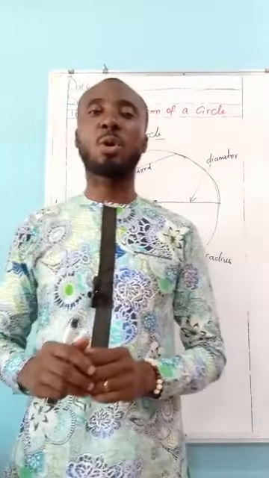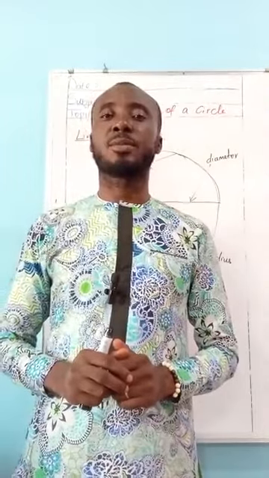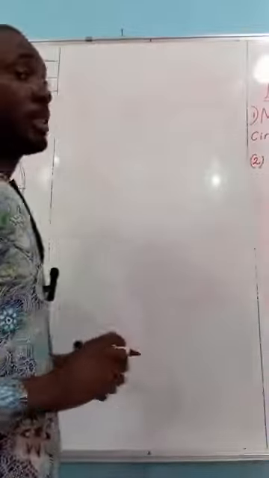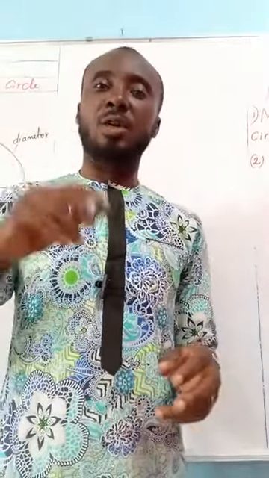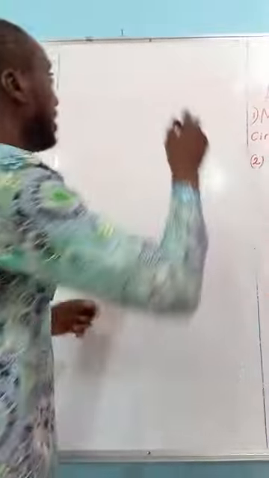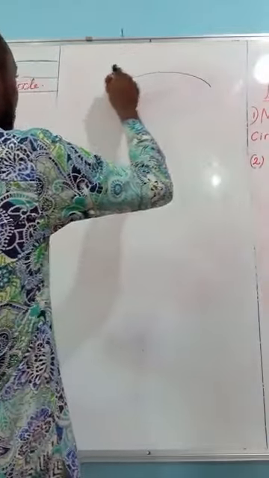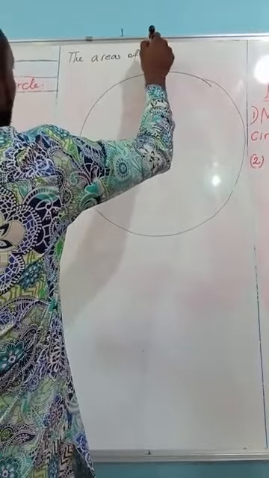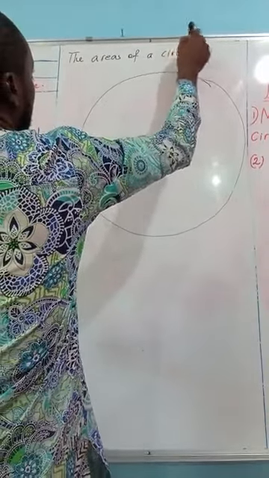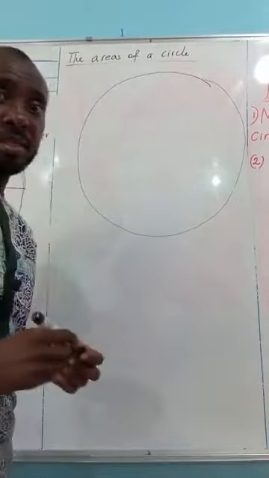We're going to move over to the area of a circle. Remember we said that a circle is a round plane figure that has a center which is equidistant to the circle from any direction. So we're talking about the areas of a circle.